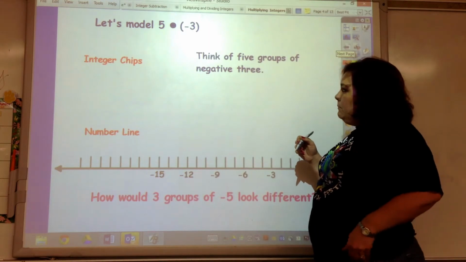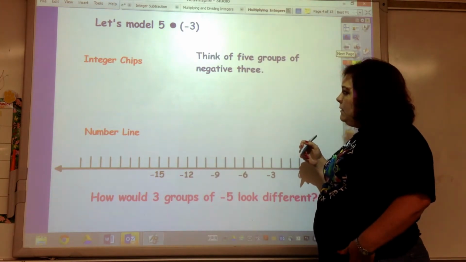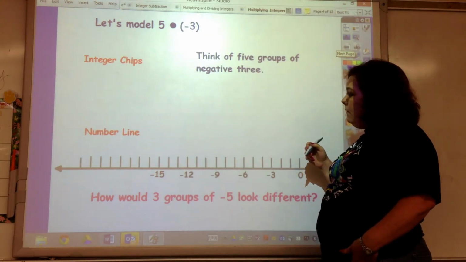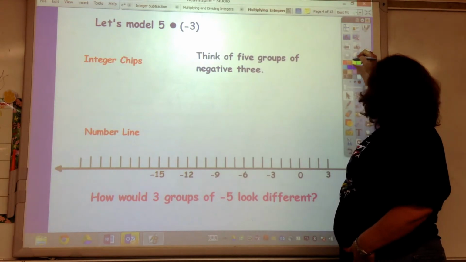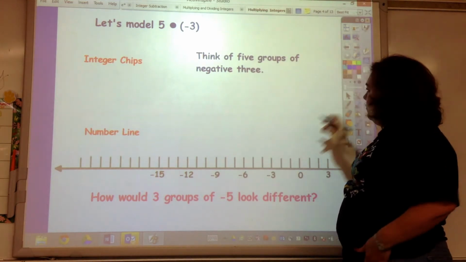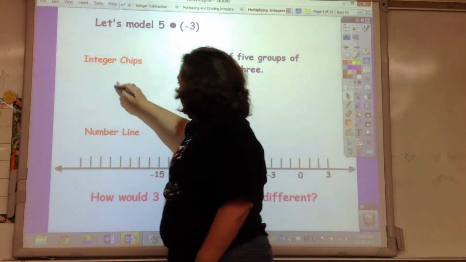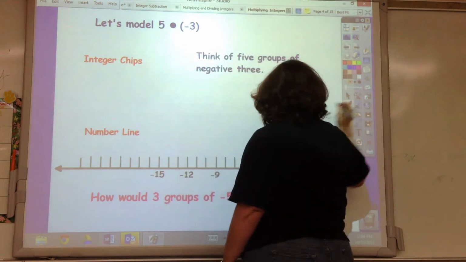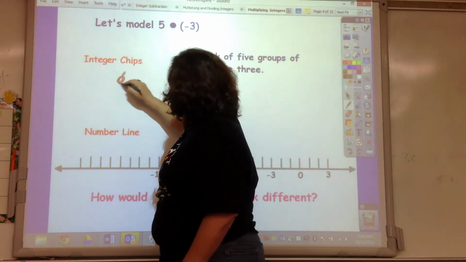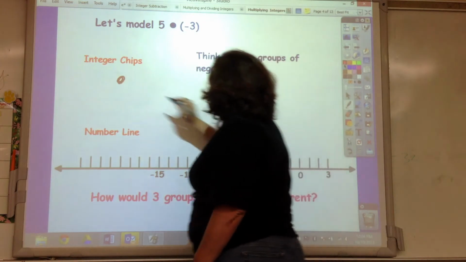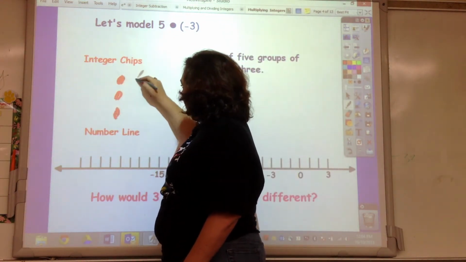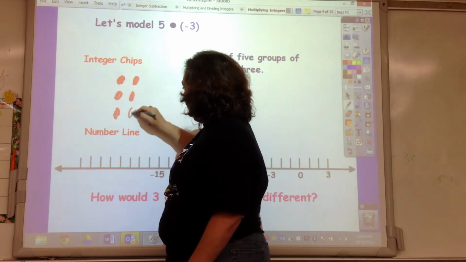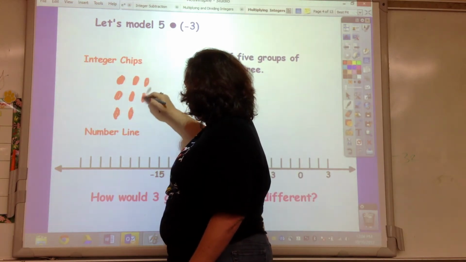So let's model 5 times negative 3. We're going to think 5 groups of negative 3. With integer chips, we're going to show negative 3, negative 3, that's negative 3, and we're going to show 5 groups of it.